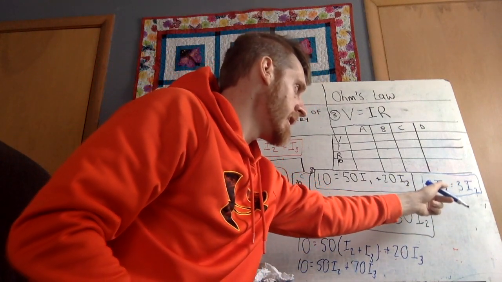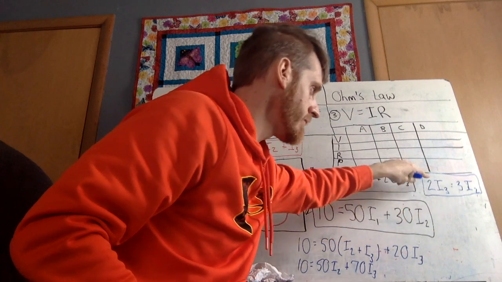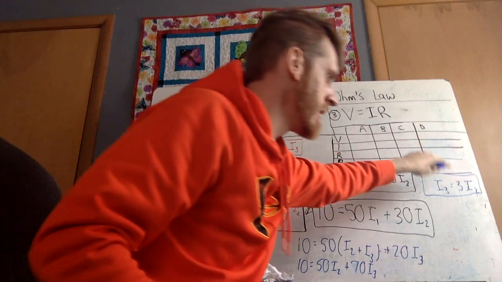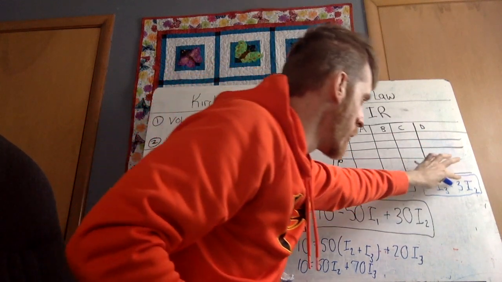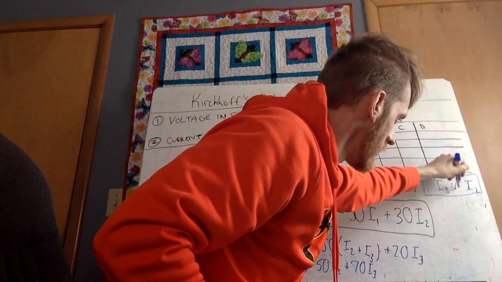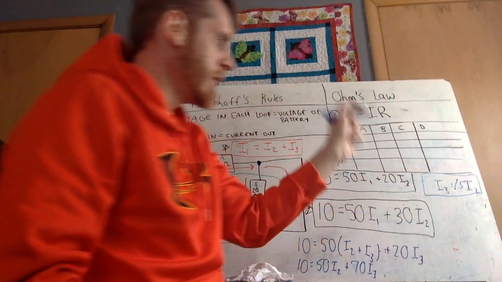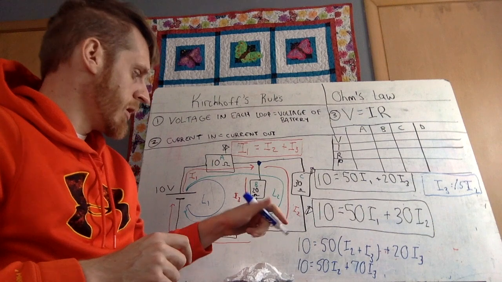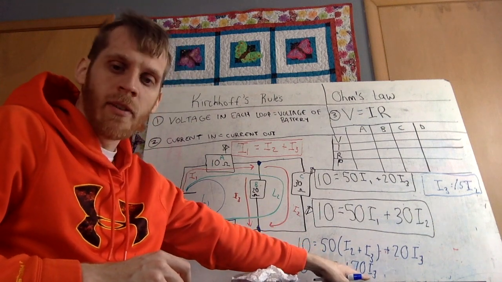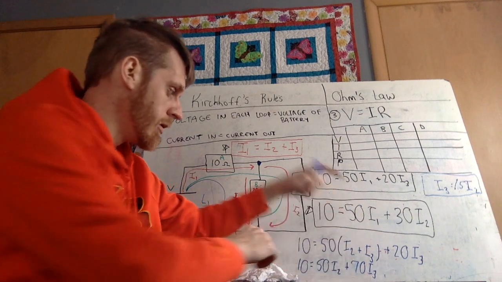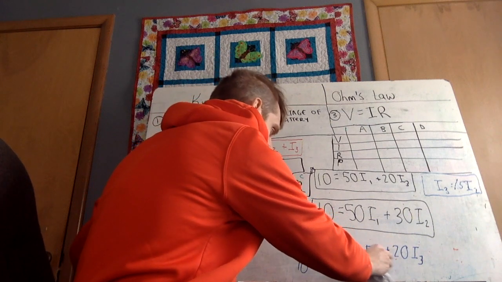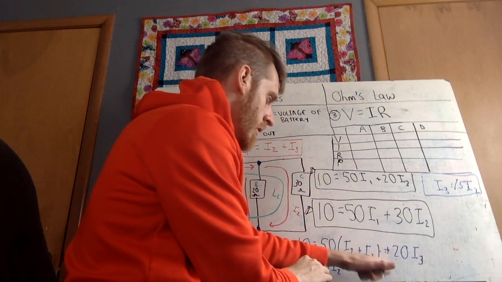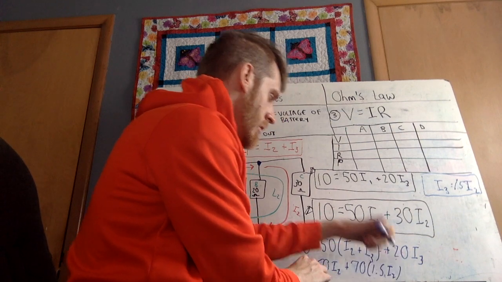If I divide this side by 2, I get I3, and divide this side by 2, 3 divided by 2 is 1.5. So this equation tells me that I3 equals 1.5 I2. So anywhere I see an I3, I can replace that with 1.5 I2. So I'll do that. Times 1.5 I2. We'll look at that.